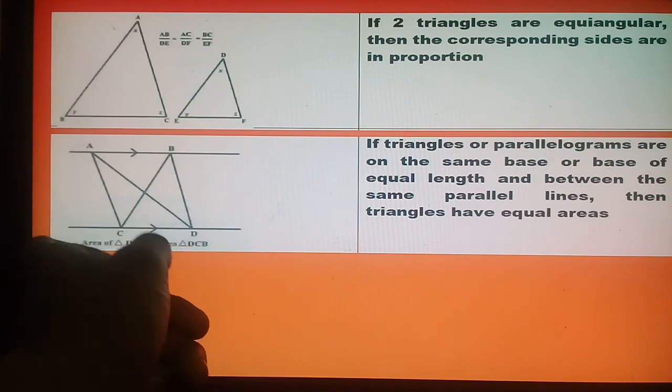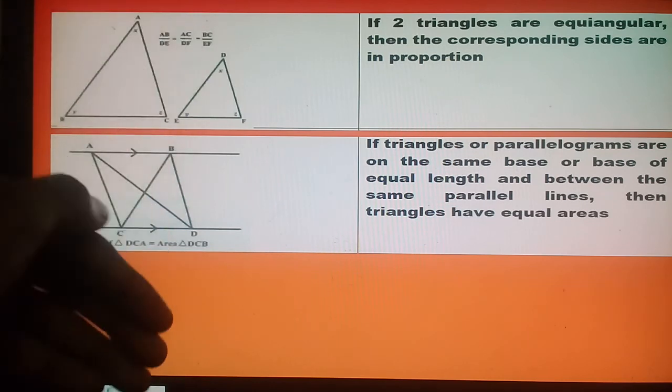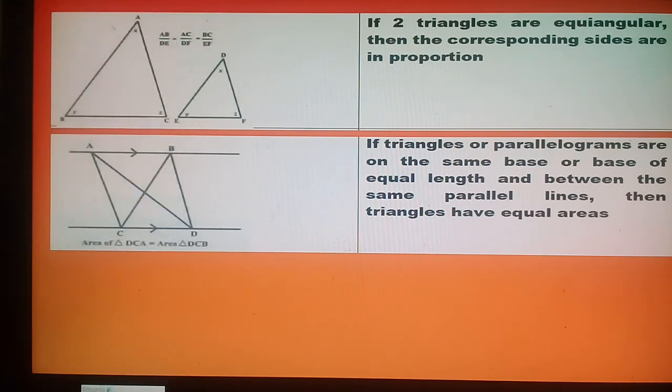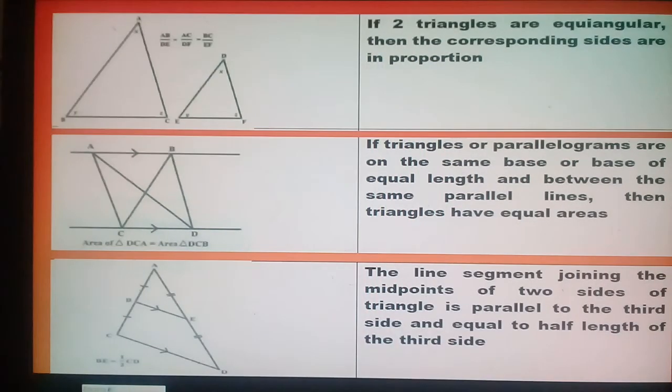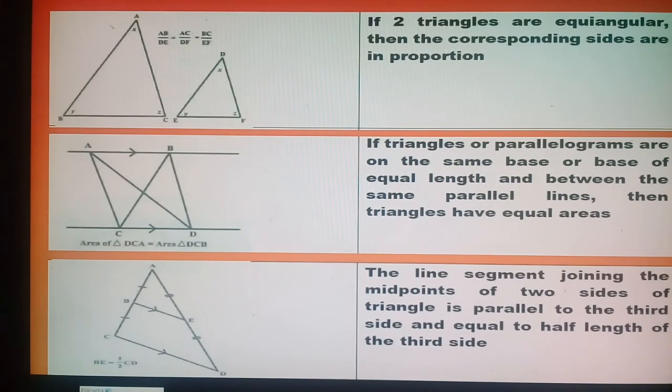They have the same base and the same height. That's why they have equal areas. You have to know that. And the last one now, the midpoint theorem, which we discussed: the line segment joining the midpoints of two sides of a triangle is parallel to the third side. We have to know that one.